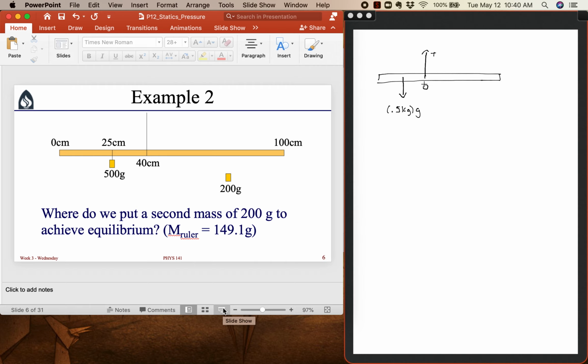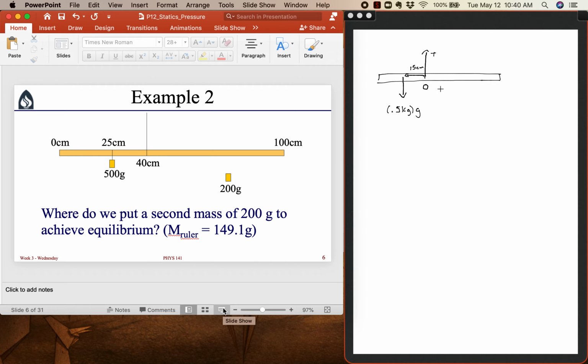So I'm going to put my origin here, and so I will need to know the moment arm, the distance from the origin to where this force is applied. Since the origin's at 40, and this weight is at 25, 40 minus 25 is 15. So this moment arm is 15 centimeters. This weight is 15 centimeters away from the origin.